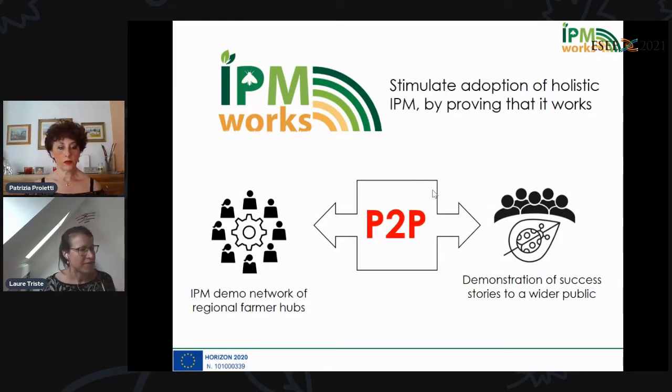On the left side, you can see that there will be some IPM demonstration hubs set up in different countries. They are regional and they consist of 10 to 15 farmers. They are clustered in sectors. So you have, for example, horticulture, orchards, vineyards, so there are different types of sectors.